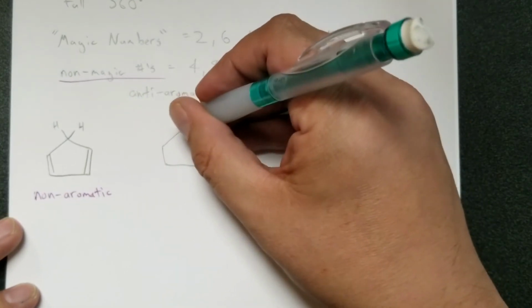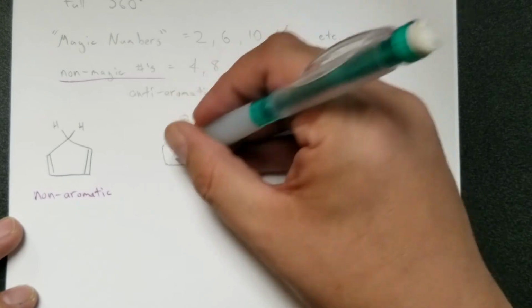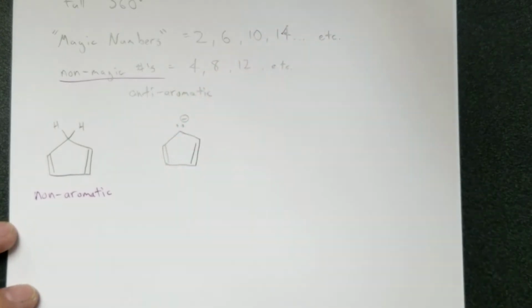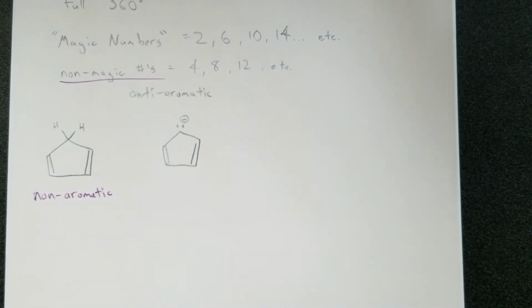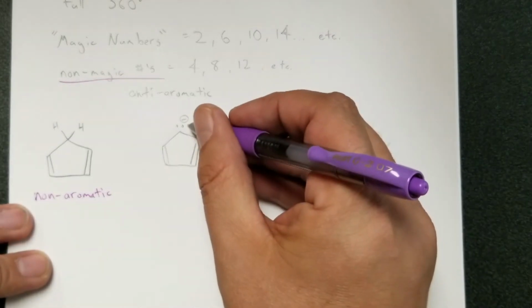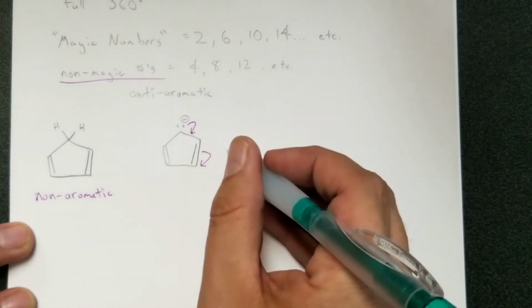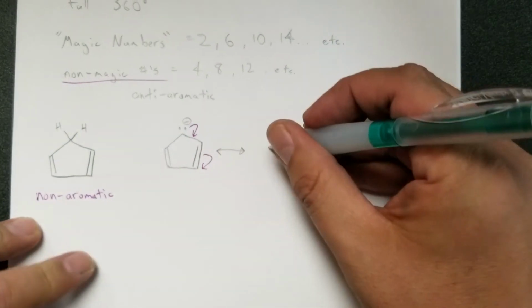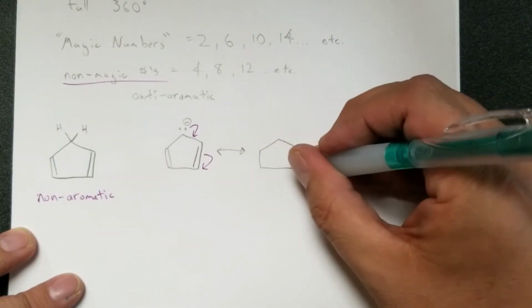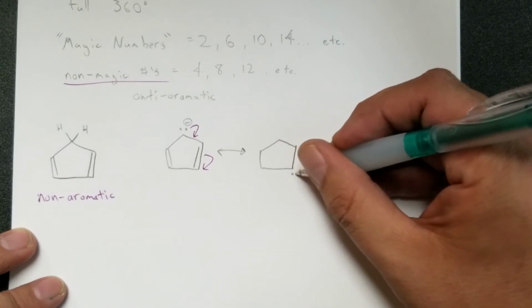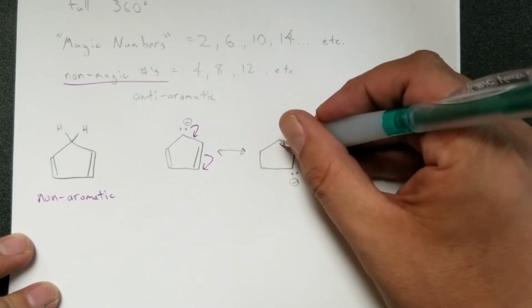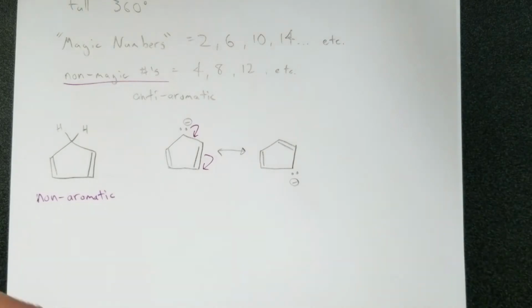The other case here is where we deprotonate and put a negative charge there, like that. And just so we're practicing, I want to do some resonance practice here too, to further illustrate the full 360 resonance that we're going to see. All right, so boom, like that. We're going to have two arrow pushes at once here. All right, new lone pair is there. Double bond is now here, like so.